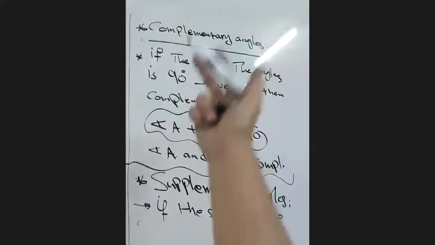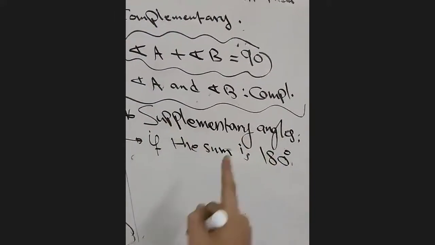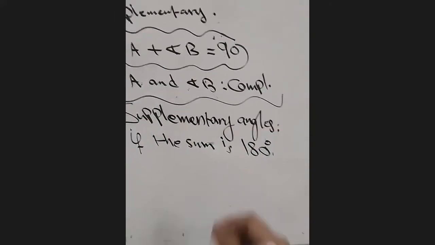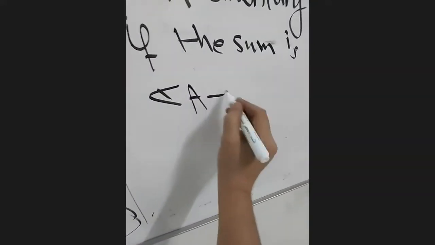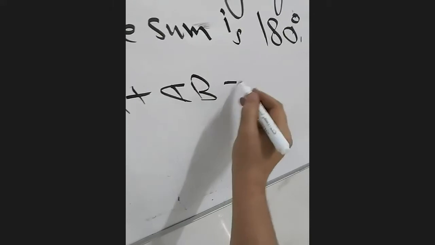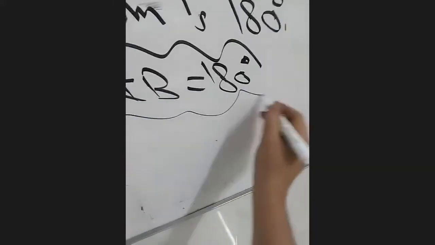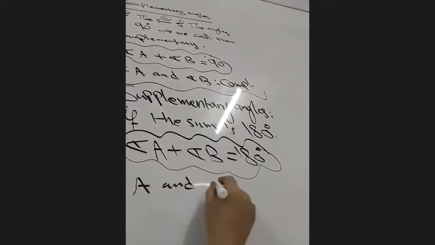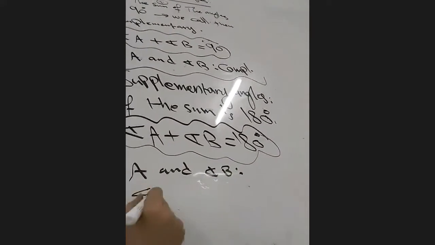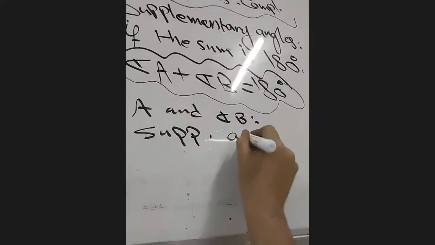So the complementary, if the addition of them is 90, the supplementary, if the addition of them is what? 180. Means if angle A plus angle B equals 180 degrees, we call angle A and B supplementary angles.